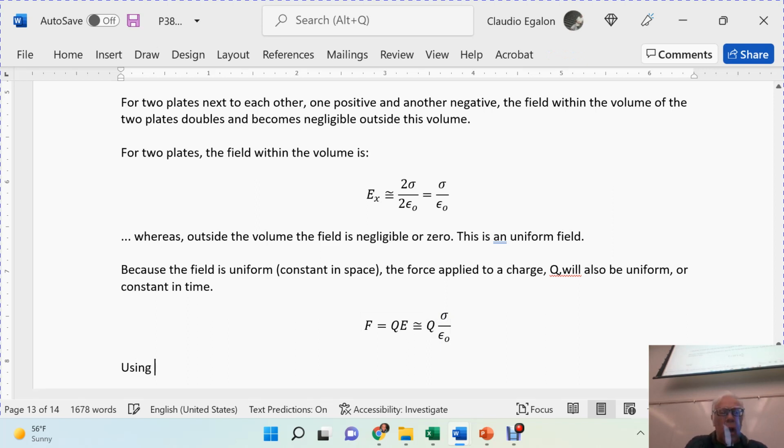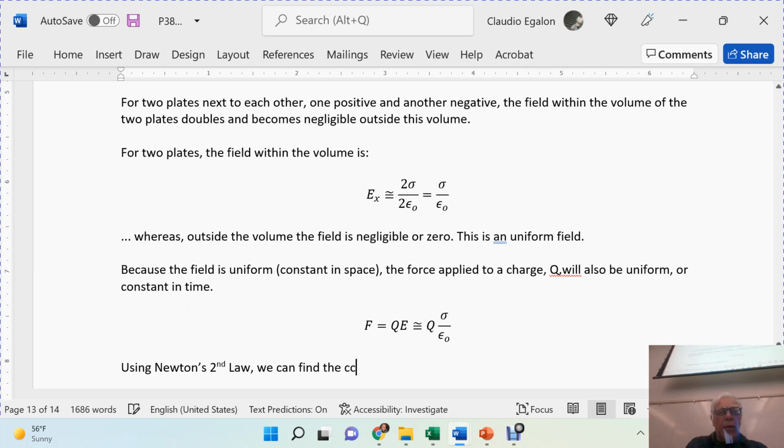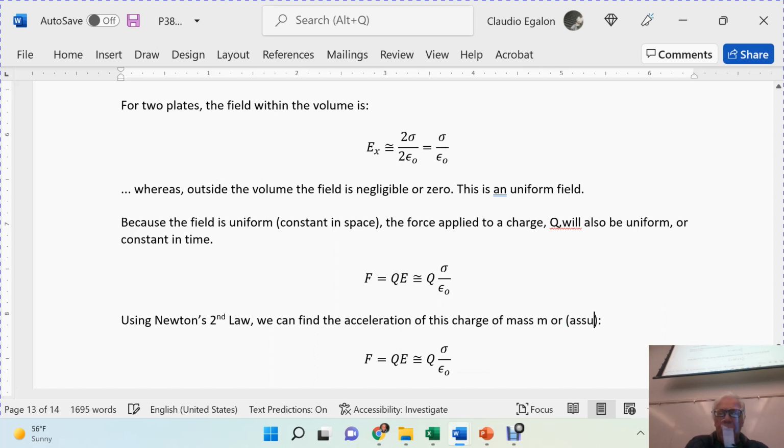Using Newton's second law, we can find the acceleration of this charge of mass m, assuming that there are no other forces other than the electric force.